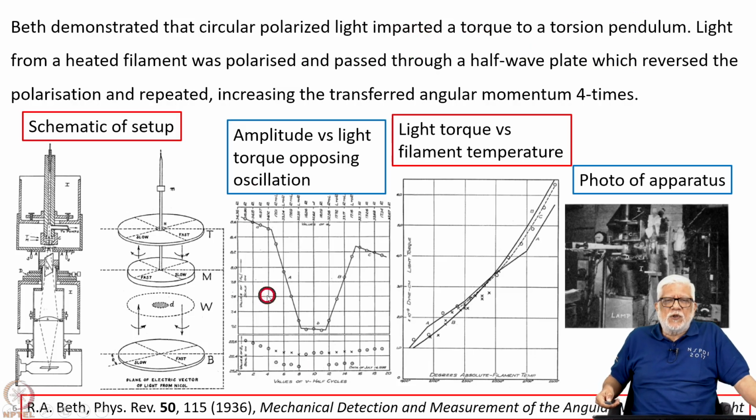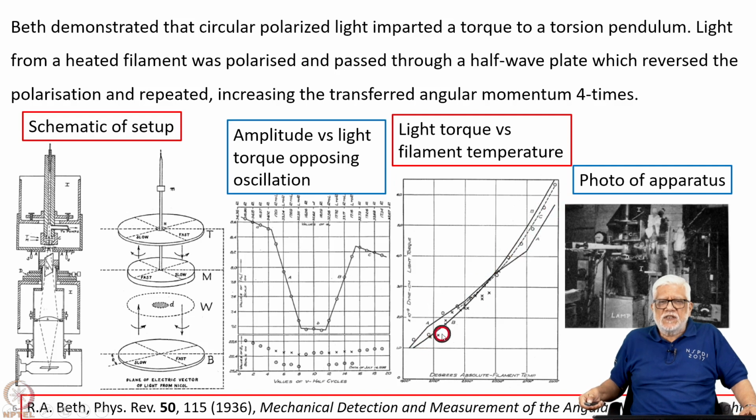The amplitude decreases at a certain frequency of application of this light, and it also increases with temperature. If you increase the temperature of the filament here, then of course the light intensity increases, the number of photons you are dealing with increases, and so the angular momentum also increases.